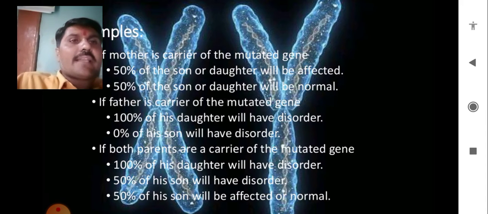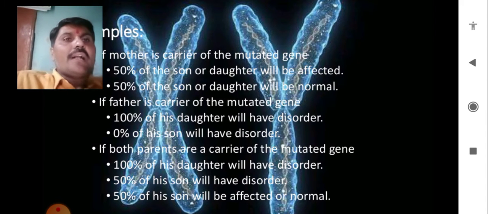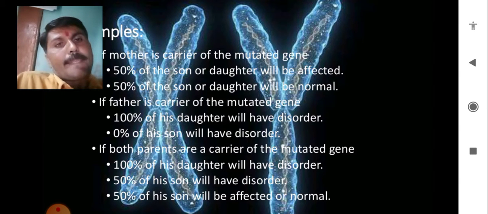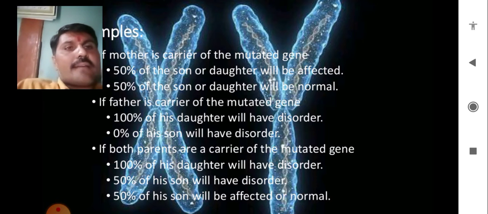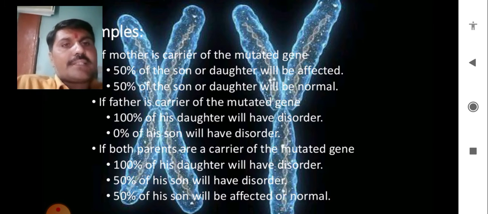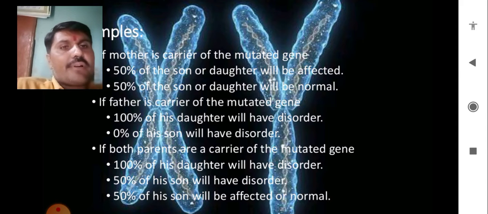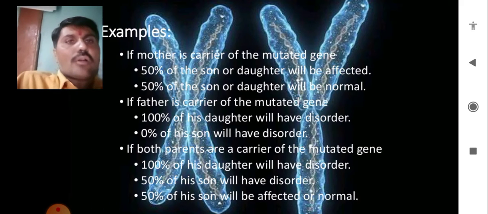If the father is a carrier of the mutated gene, 100% of his daughters will have the disorder and 0% of his sons will have the disorder. If both parents are carriers of the mutated gene, 100% of the daughters will have the disorder, and 50% of the sons will be affected and 50% normal.